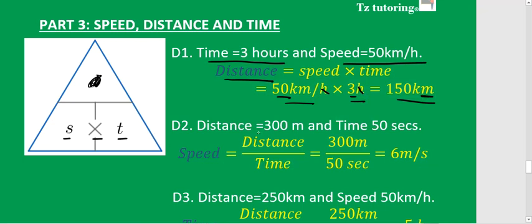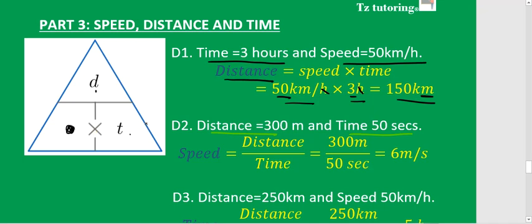Let's go on to the next one. So for D2, you're given distance, it's 300, you're also given time. So if you're given distance and time, the question is now asking you to calculate speed. And again, how would you calculate speed? You would shade it because that's the one that you're looking for. And you'll find that speed is distance over time.